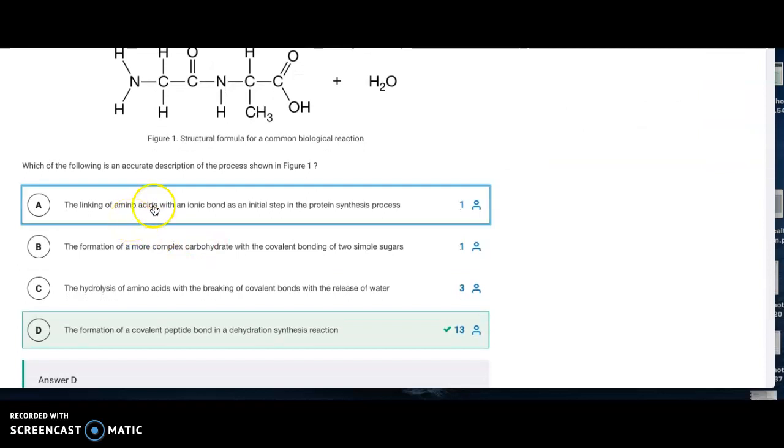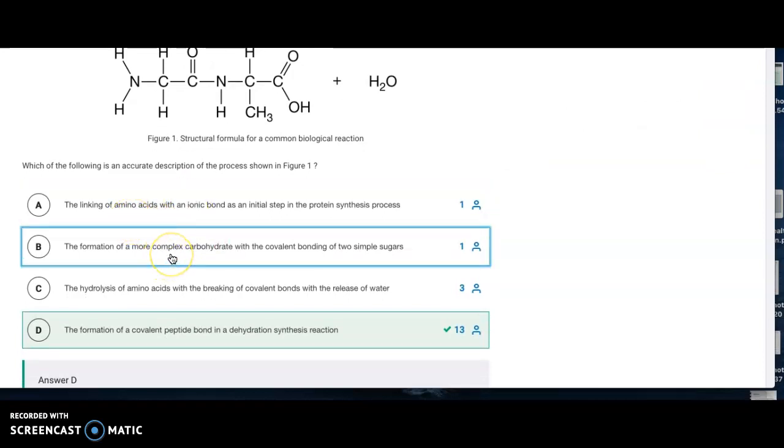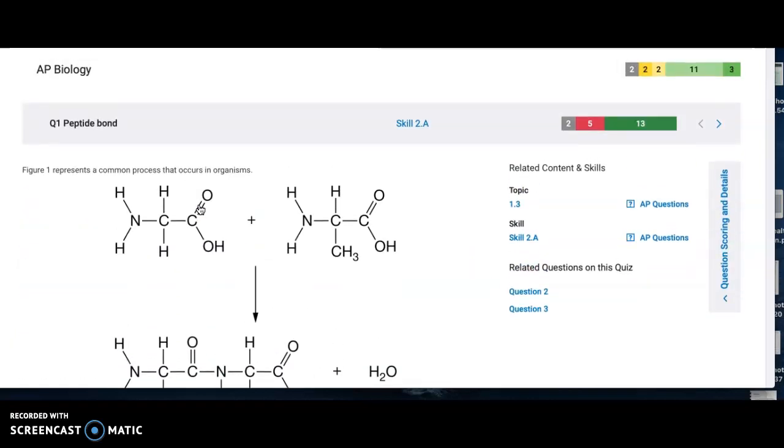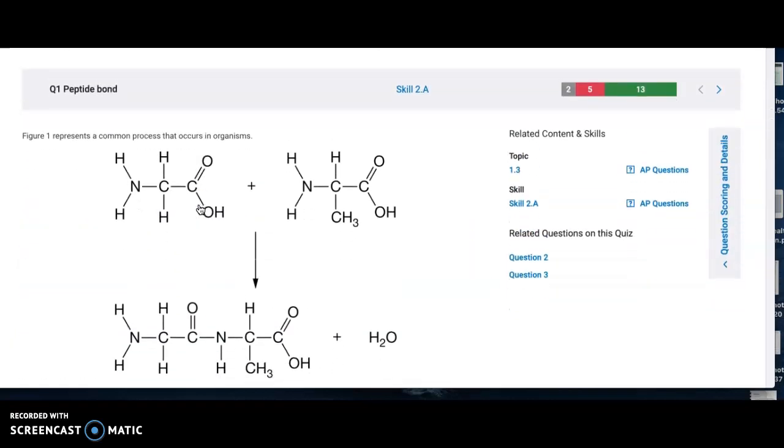So it's not an ionic bond, and this isn't a carbohydrate. So these two required you to maybe make sure you reviewed the structures of amino acids and the different monomers, right? Glucose and amino acids and fatty acids and things.